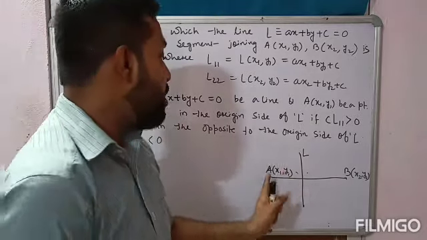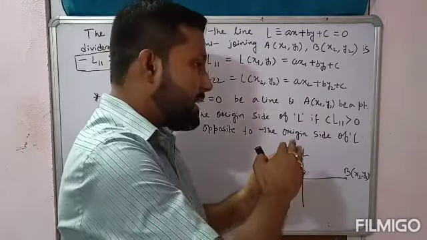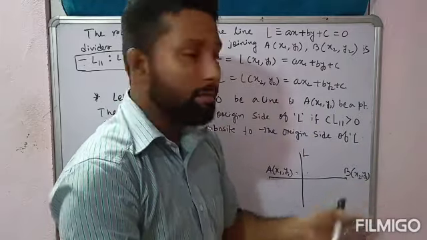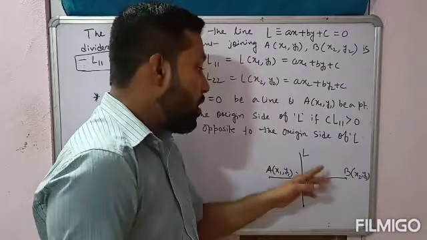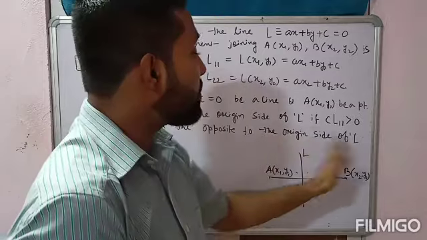ये जो point A और B लिखा, these are in the opposite sides, right? मतलब बीच में L है और L के इस साइड में A है और उस साइड में B है.